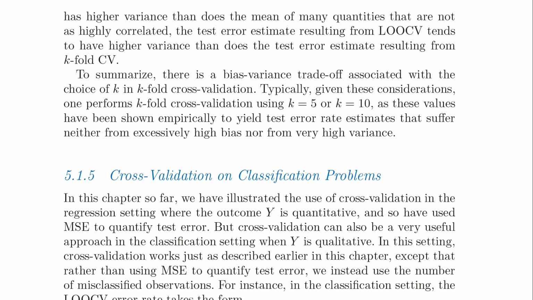How important is this? I think it's the result that's important. One performs k-fold cross-validation using k equals 5 or k equals 10, as these values have been shown empirically, so empirically just means using actual data sets, to yield test error rate estimates that suffer neither from excessively high bias nor from very high variance.